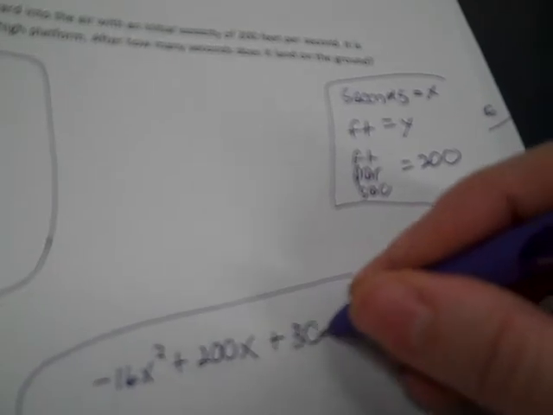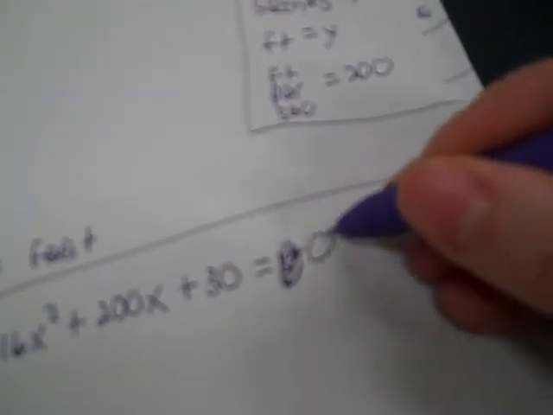And you started from a 30-foot high platform, so 30, and then equal it to y. Now the ground is 0 feet, okay? So if it's 0 feet, feet's y, so I'm going to be putting it in for y. Now this time the x is to the second, so there's going to be 2 answers I have to find for x now that y has been taken out.